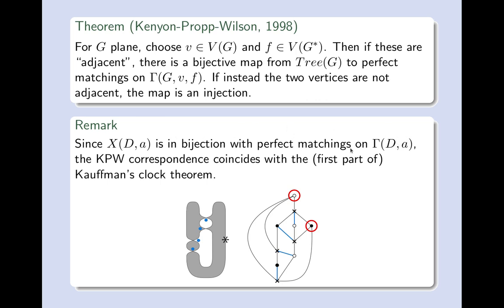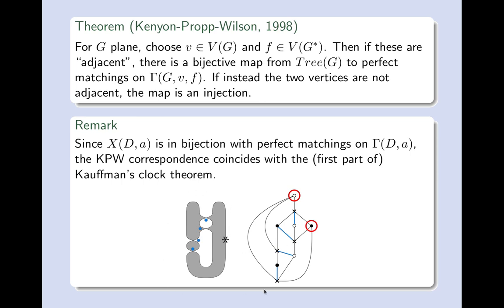Granted that we have this bijection, then this map, which is sometimes also called the KPW correspondence, actually coincides with the first part of Kauffman's clock theorem, namely that there is a bijection between Kauffman states and the set of trees inside the black graph for a given knot diagram. And for the first part of this remark, it's pretty easy.